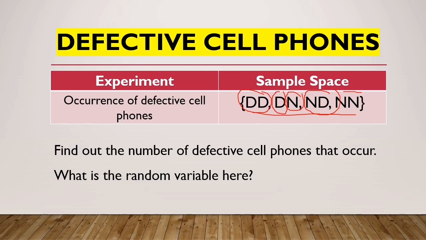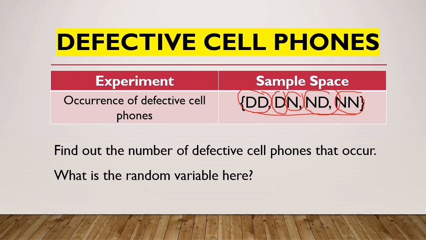And the last outcome is both are non-defective, not broken. So these are the possible outcomes that you would get when you test two cell phones at random. Any one of these four can happen when you test the two cell phones.